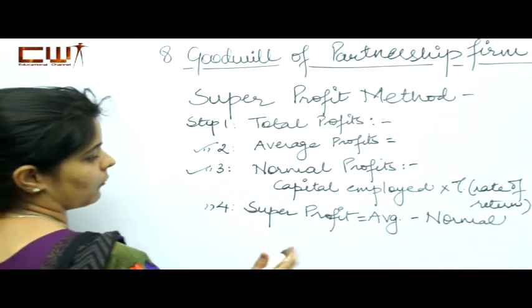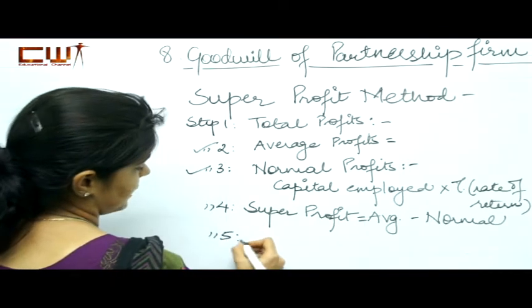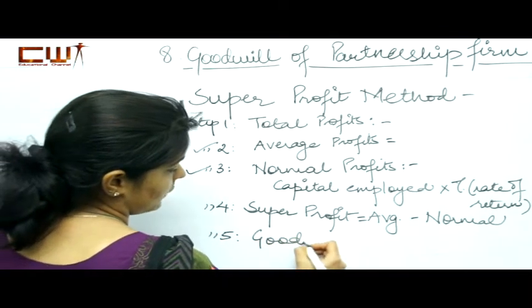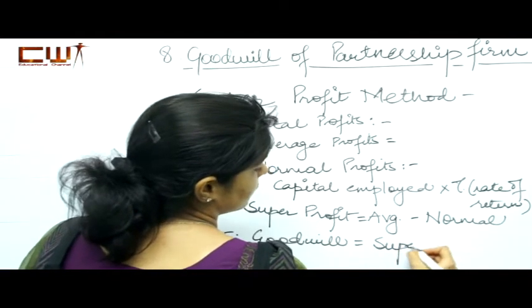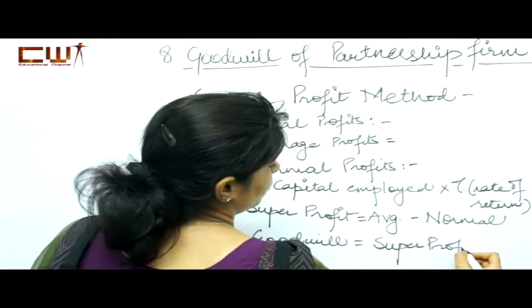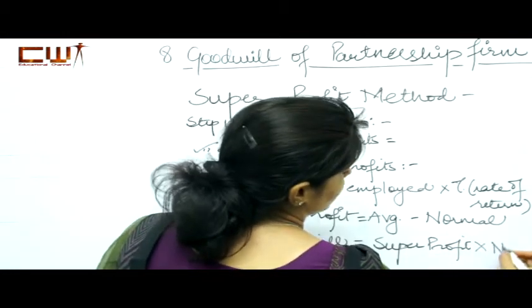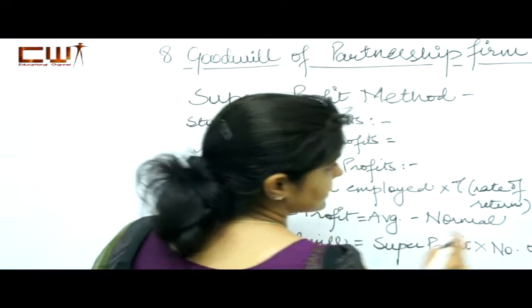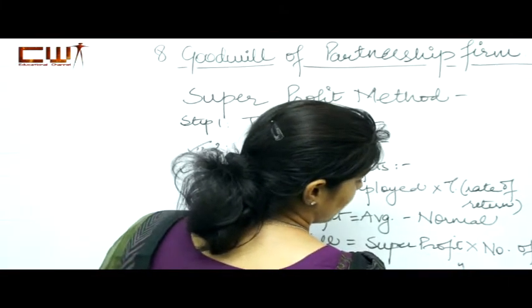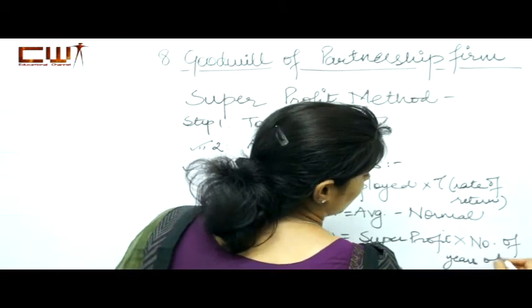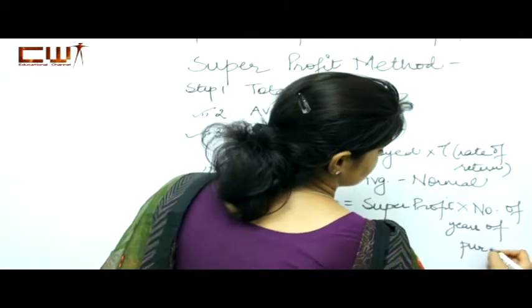So this is super profit. Then the last step is finding out the goodwill. Goodwill will be super profit into the number of years of purchase, as we did in the last class when we were finding goodwill by the average profit method.